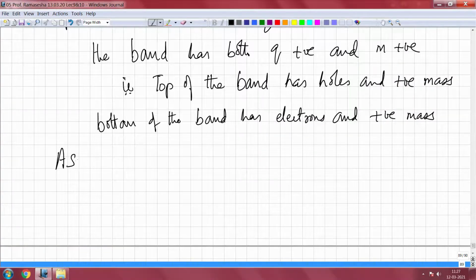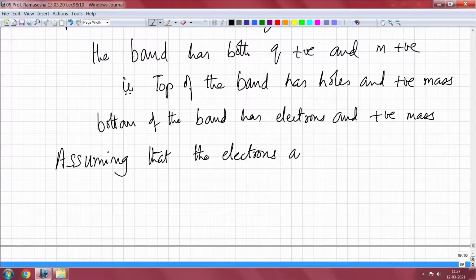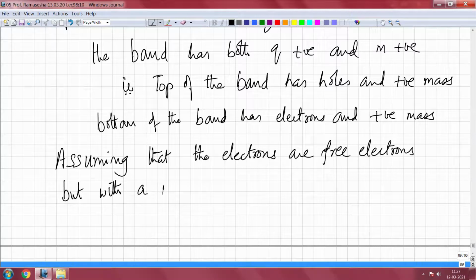So, in a way, it is basically assuming that the electrons are free electrons, but with a property that its mass is not a constant.